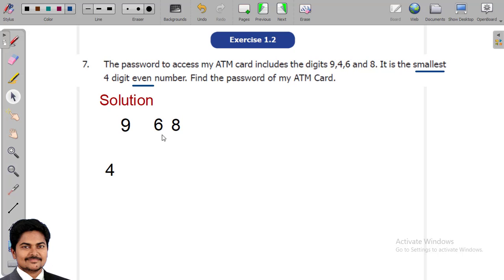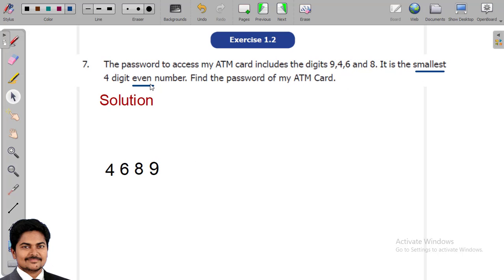Yes, 6 is the smallest number. Now we are having 2 numbers. Which is the smaller number? 8. 8 is the smaller number, and write the number 9 at last. We formed the smallest 4-digit number using these 4 digits.